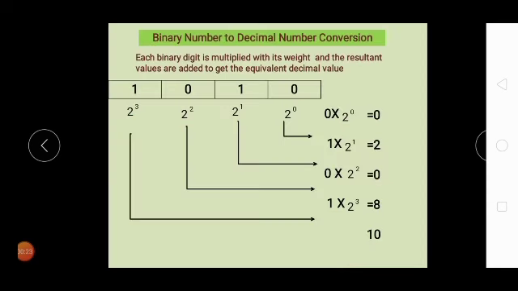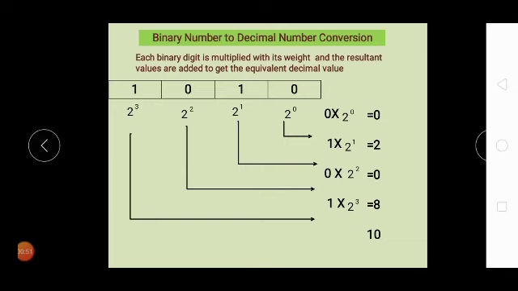Next we will come to the conversions between different number systems. First we will see binary number to decimal number conversion. Let us take a binary number. As we know, in the binary number system we have only 2 digits, 1 and 0. So consider one binary number, for example 1010. We have to convert it into a decimal number.